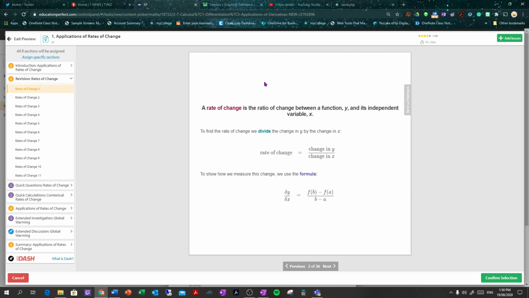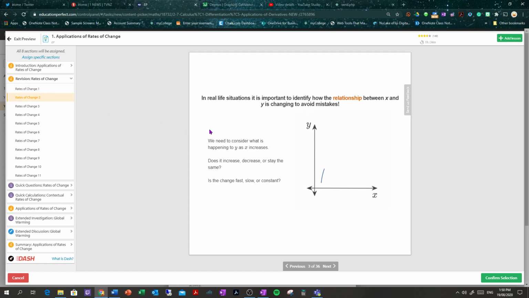So calculus and things that we're doing right now is all about rate of change, right? And the rate of change is just gradient. It's the change in y over the change in x. We've dealt with this for a very long time. The problem is that we're now dealing with rates of change of nonlinear functions, right?